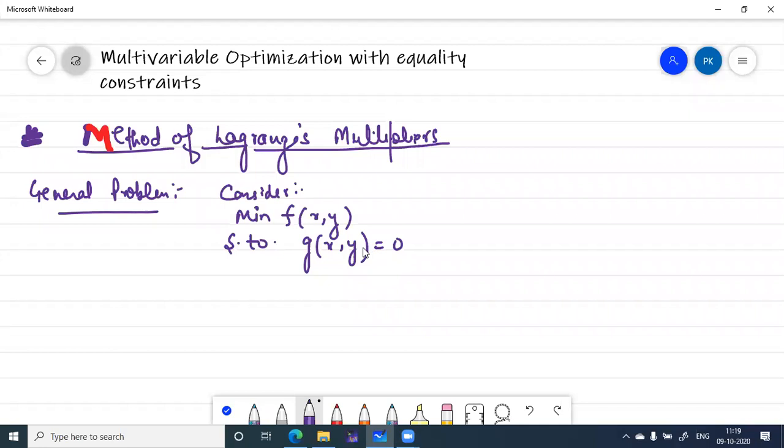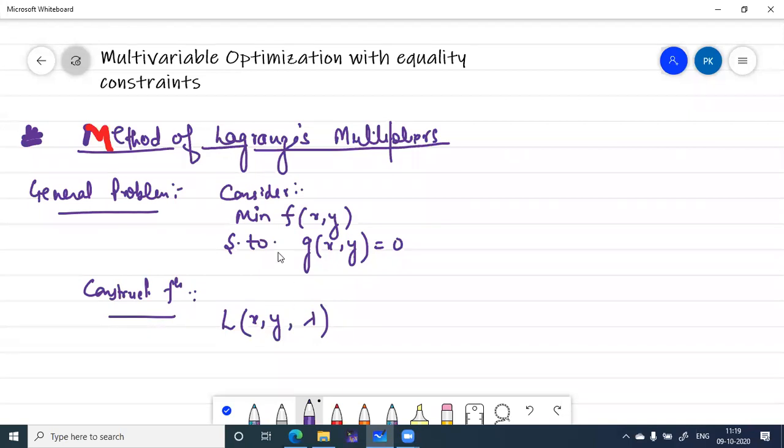In this method, we construct a Lagrangian function, denoted by L. We include a parameter here, lambda, known as the Lagrangian multiplier.